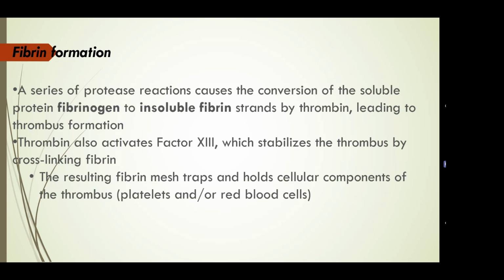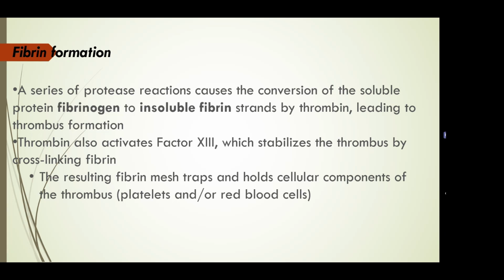As we recall from secondary hemostasis, fibrin formation is a series of protease reactions that causes the conversion of soluble protein fibrinogen to insoluble fibrin strands by thrombin, leading to thrombus formation. The thrombin also activates factor 13, which stabilizes the thrombus by cross-linking fibrin.